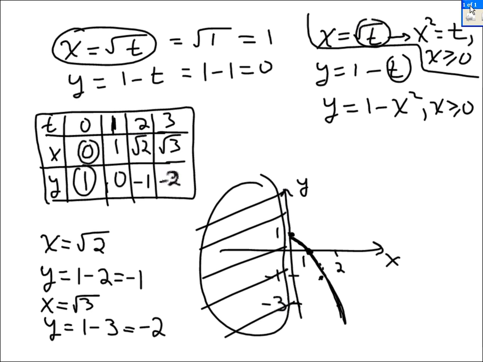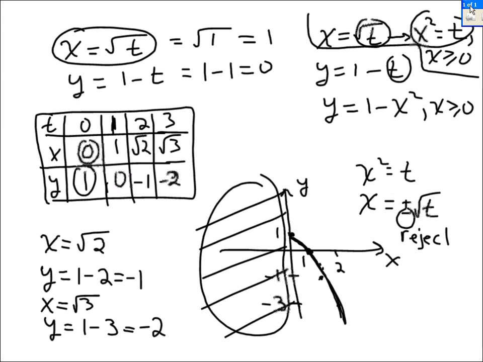For example, if somebody told me that x squared is equal to t, I wouldn't reasonably assume that x is plus or minus the square root of t, which is not true. That would be erroneous, because we know x is not negative the square root of t. They said x is positive the square root of t.